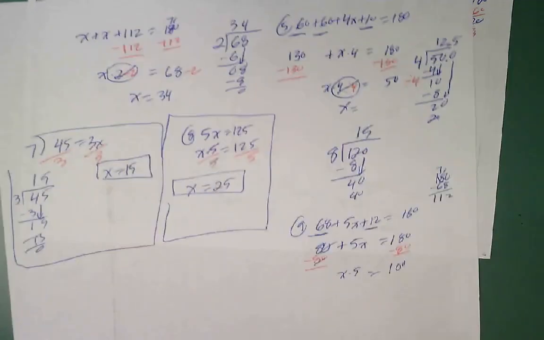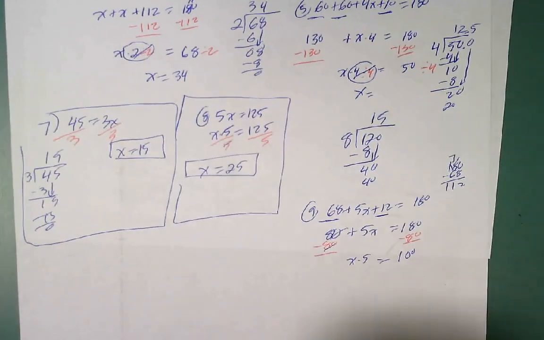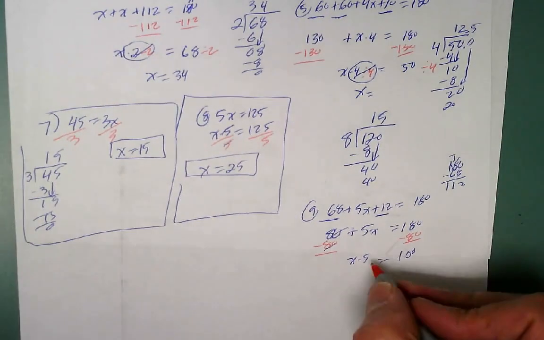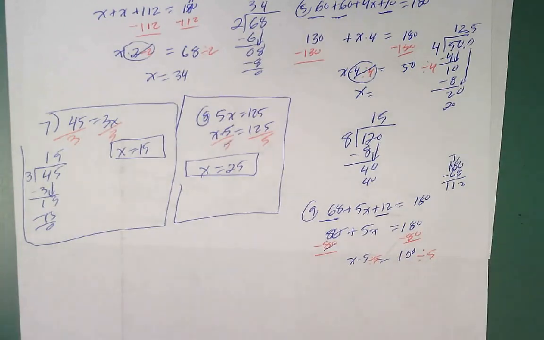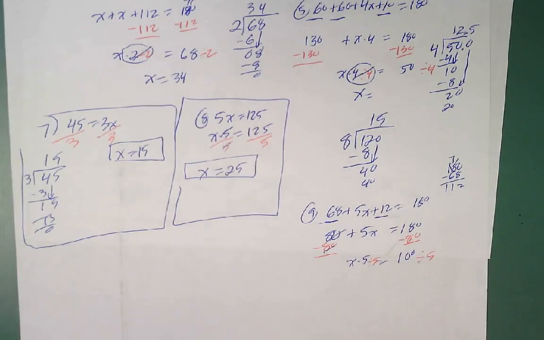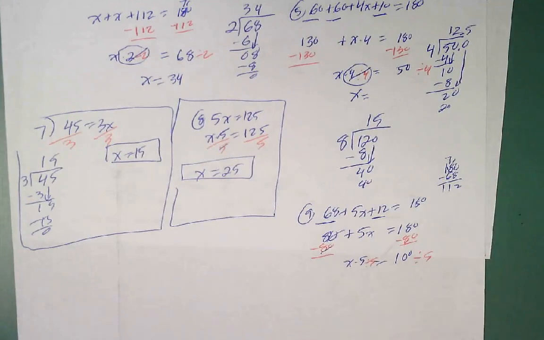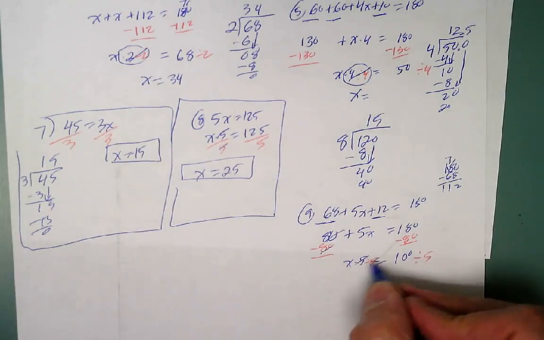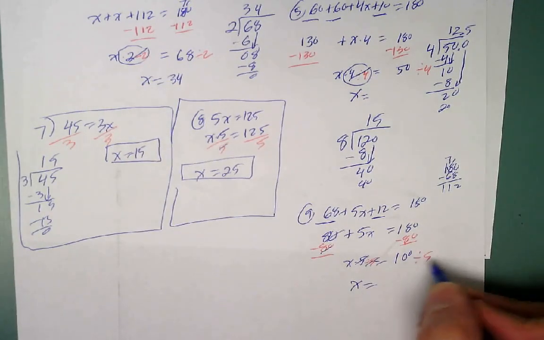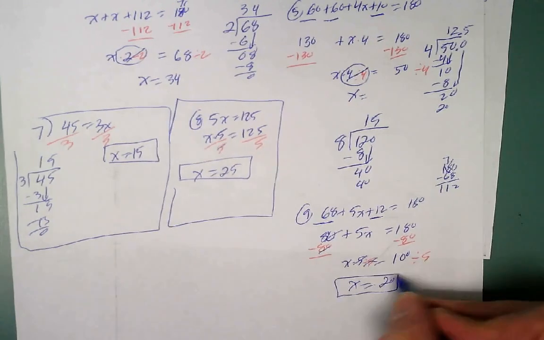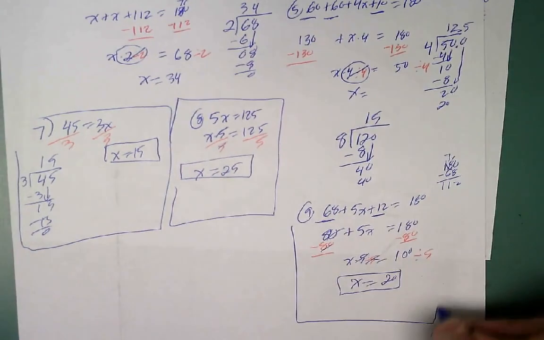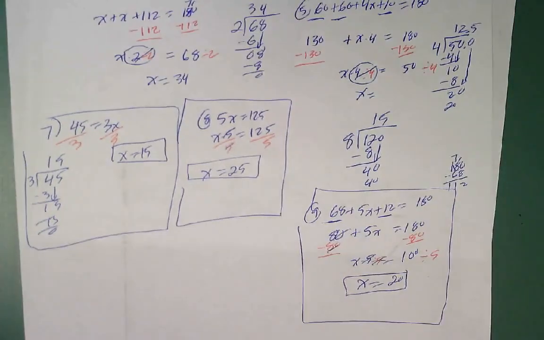I'm going to get rid of the times 5 with divided by 5. But some of you just did that in your head, didn't you? You said, 5 times what's 100? 5 times 20, huh? Right? Well, we prove it. They cancel out. X equals 100 divided by 5, and 5 goes into 100 20 times. Box your answer, box your problem. Box and box.